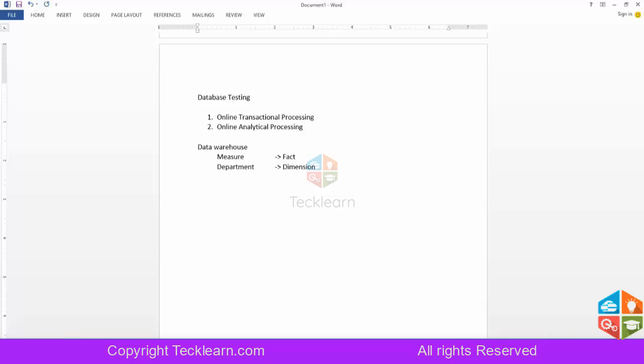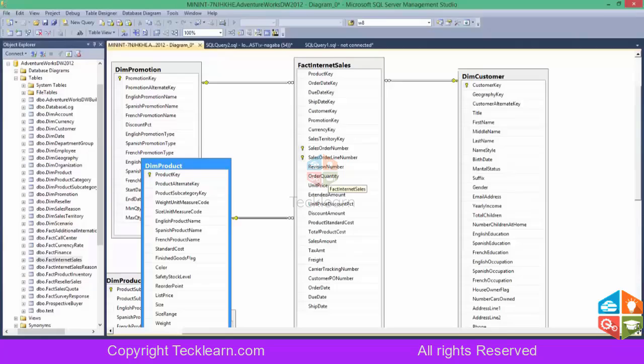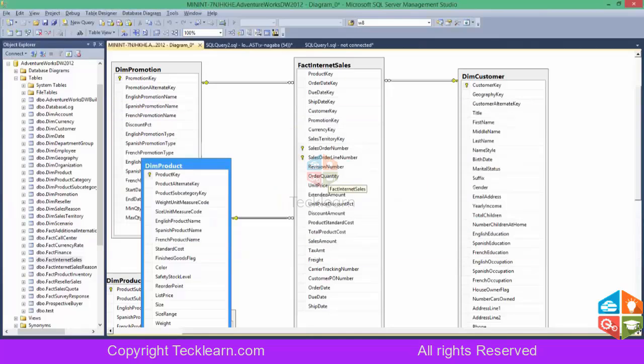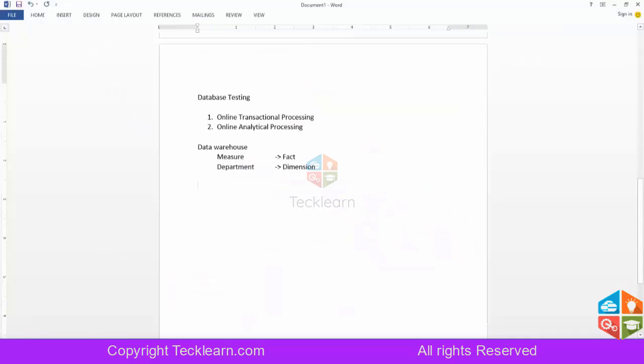After understanding all of this about fact and dimension, only then will you have a complete understanding of data warehouse. Only once you have a complete understanding of data warehouse will you be able to test your ETL solutions which load data into your data warehouse. Not only ETL solutions, for database testing also you need a complete understanding of data warehouse.